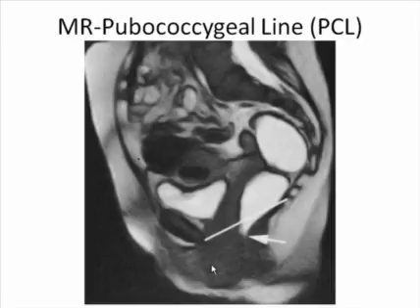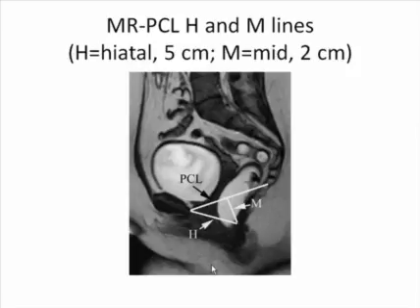Well, you can see on MR, this pubococcygeal line is a very easy line to draw and to conceptualize in the sagittal plane. And they have gone further in defining H lines and M lines, that is the MR group, in looking at hiatal and mid. H is hiatal, M is mid, and determining what is normal.